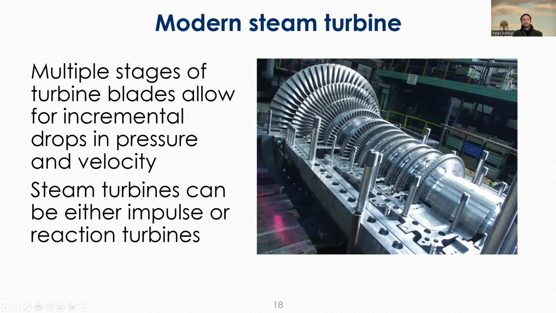You can see that there are many stages of these blades. If you think about why that is, one analogy I like to make is a spinning fan that you blow at. If you put your hand behind it, you'll notice that there's still air moving.